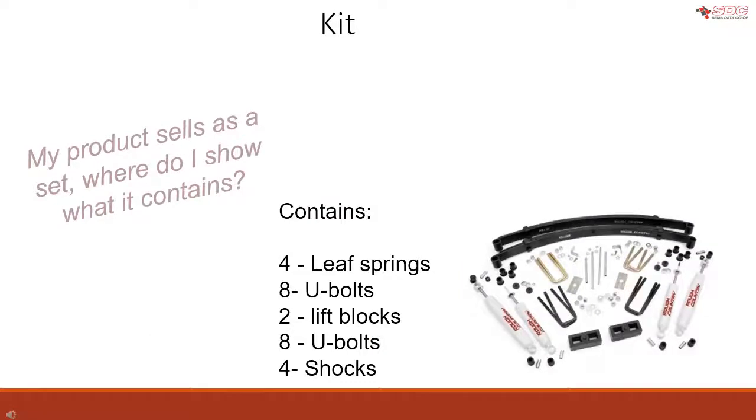Kit is one of the most important but least utilized segments of PIEs. If you sell a part that is comprised of other individual parts that contain other part numbers, then you can establish that parent-child relationship in this segment. So if you offer a suspension kit like you see on the screen, those parts that comprise the kit that can be ordered will go here.